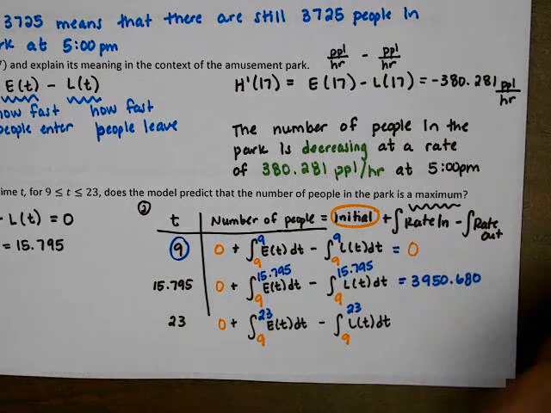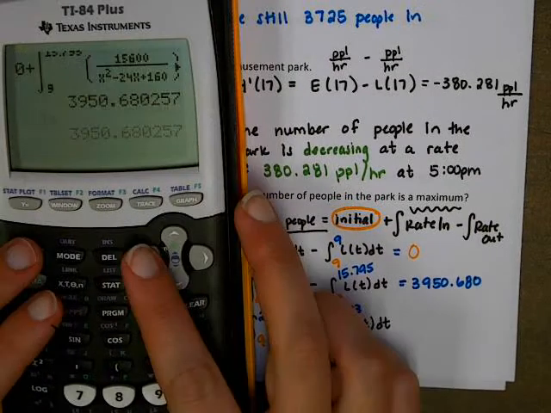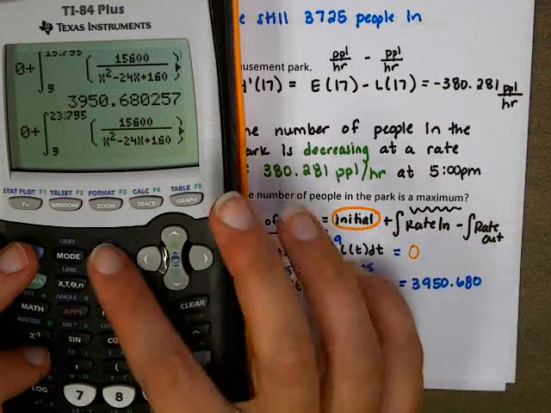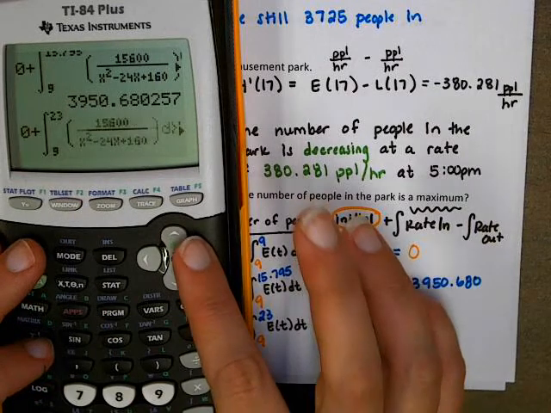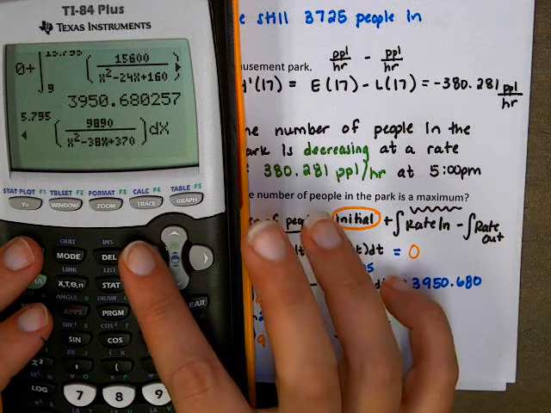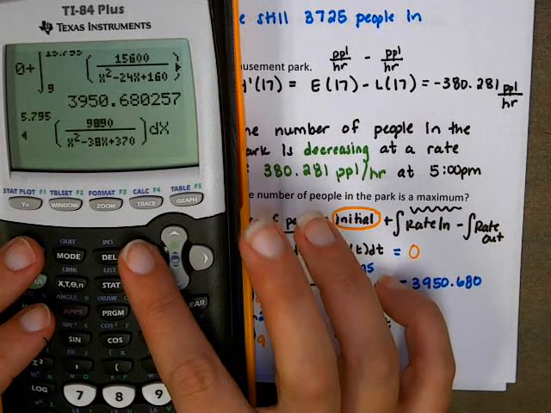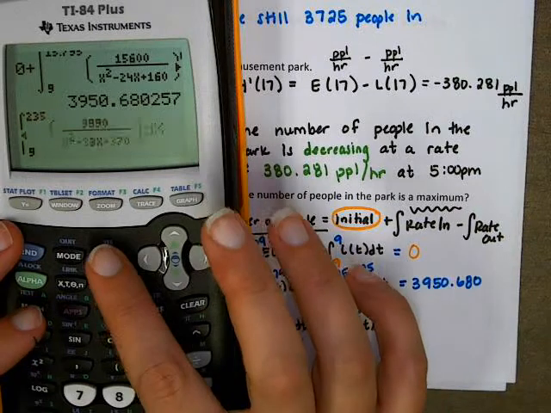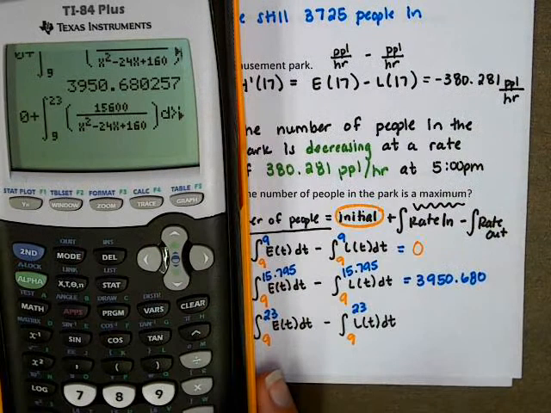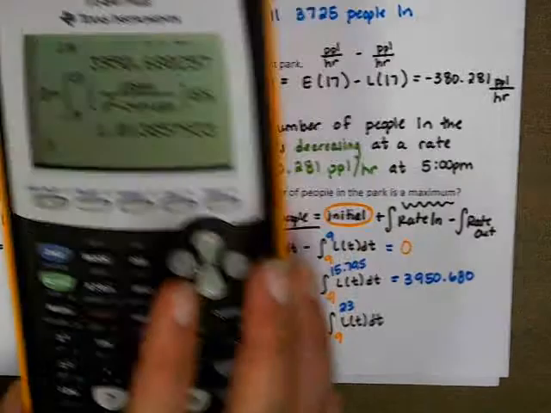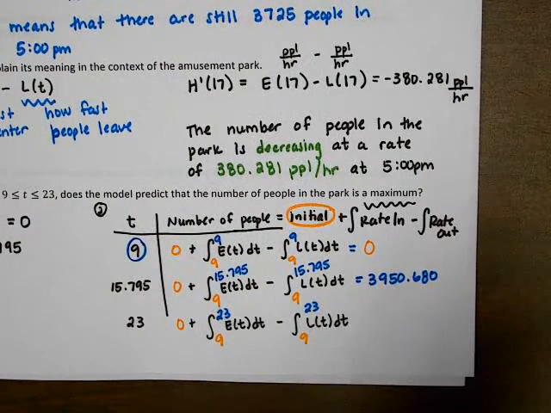I'm actually just going to go back to what I just typed in, and I'm just going to change all the 15.795s to 23, and I'm going to get 1.013.